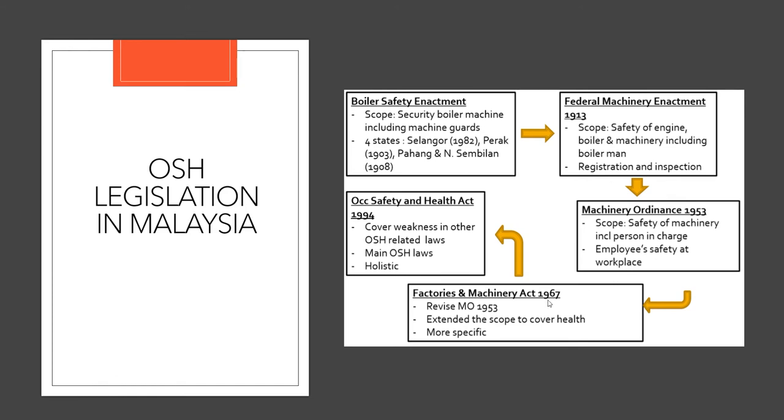After that, in 1967, the Factory and Machinery Act was introduced, to revise the Machinery Ordinance 1953, and they extended the scope to cover health. Dalam Machinery Ordinance dia tak cover health, only safety, but for the Factory and Machinery Act they already cover health issues. And then more specific dari segi registration, inspection of the machinery.